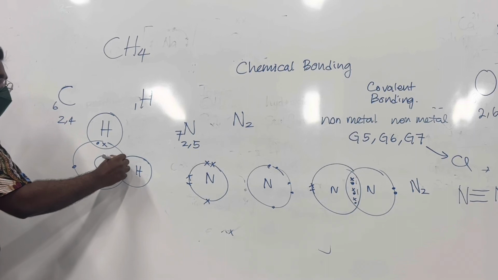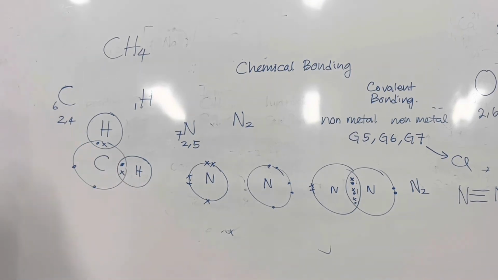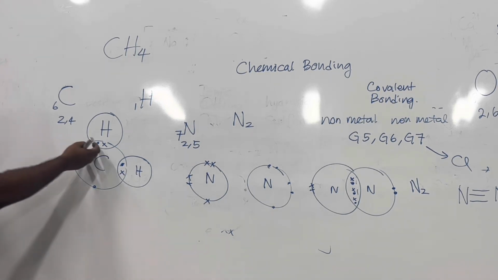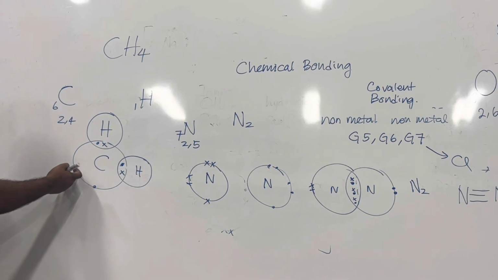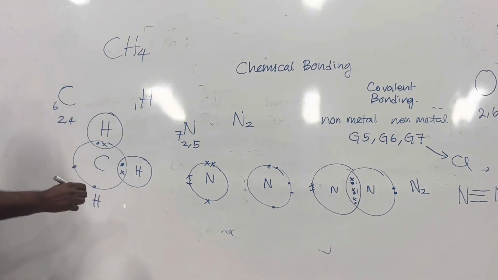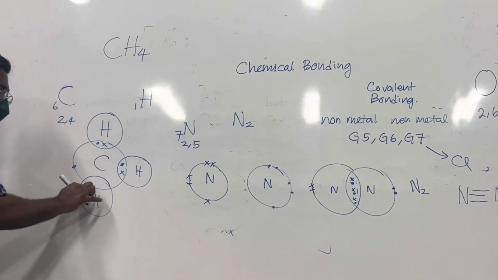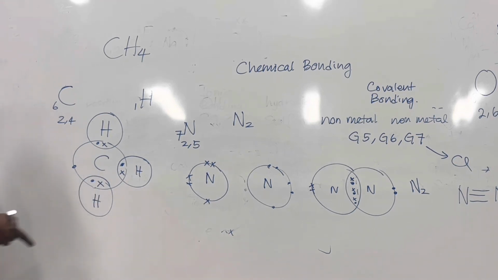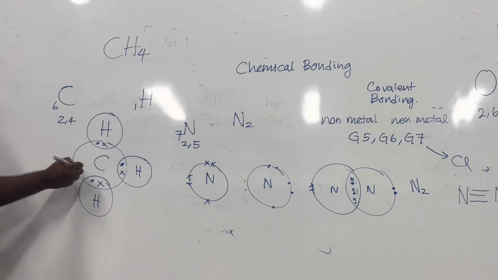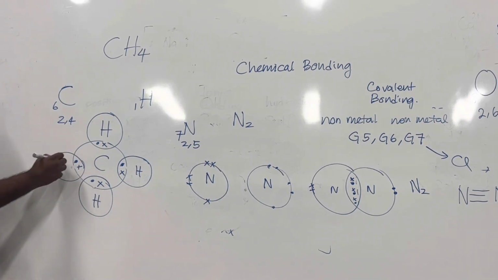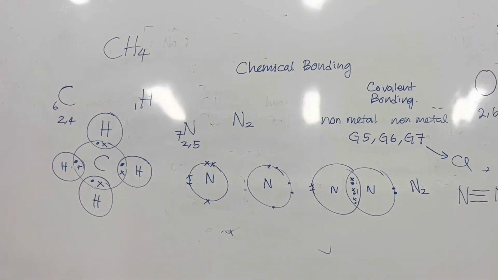Carbon will give 1, hydrogen will give 1. For hydrogen already settled, but for carbon it's not settled because it will only be settled when it reaches octet, which is 8 electrons. So you see 1, 2, 3, 4, 5, 6 only. You go and look for another hydrogen. Share. Look for another hydrogen. Carbon puts for sharing, hydrogen shares. Now, this is called CH4.